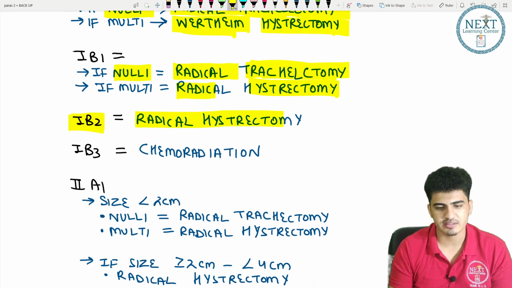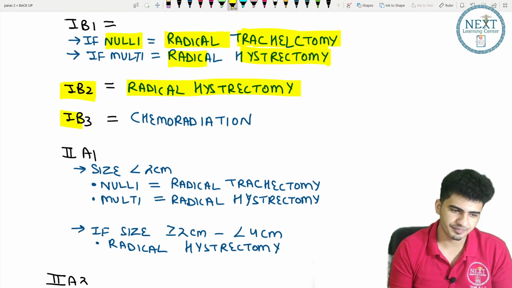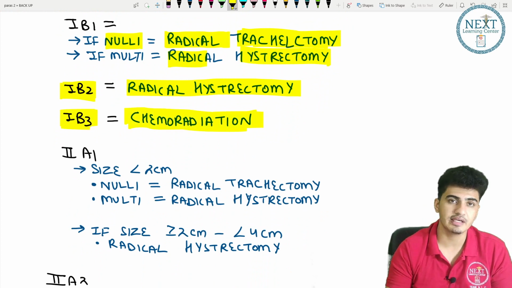If 1B1 nulliparous, again radical trachelectomy. If multiparous, radical hysterectomy. 1B2, radical hysterectomy. 1B3 is chemoradiation.